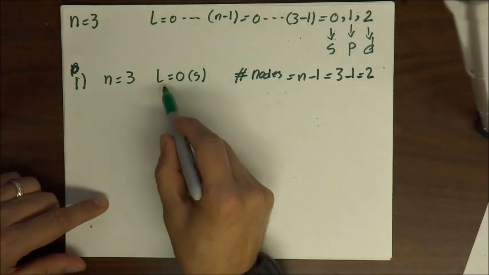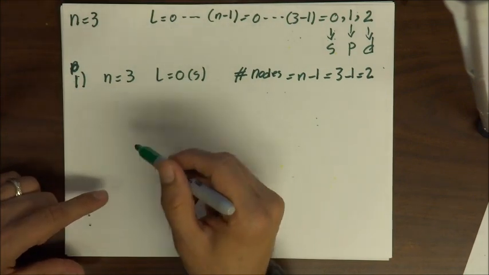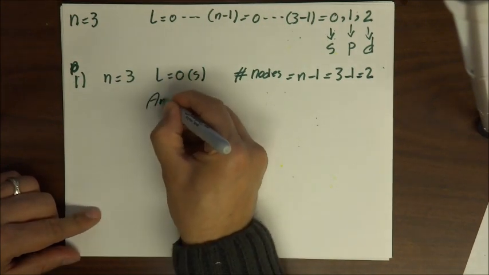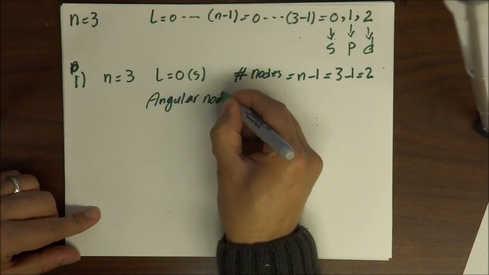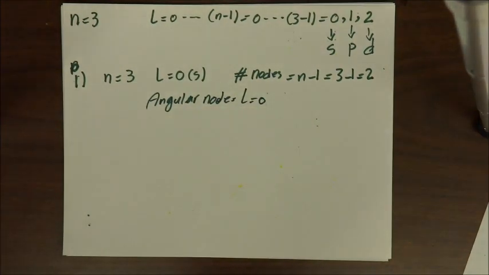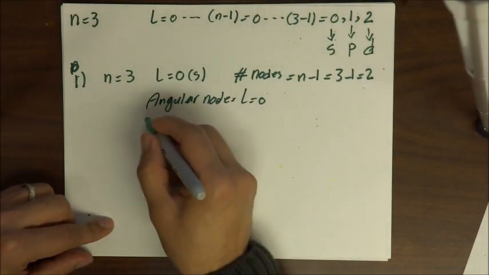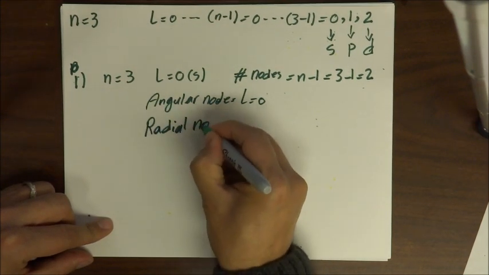But depending on L, you can have an angular node or not. For instance, in this case, because L is equal to 0, we don't have an angular node, and whatever we have as a node will be a radial node.